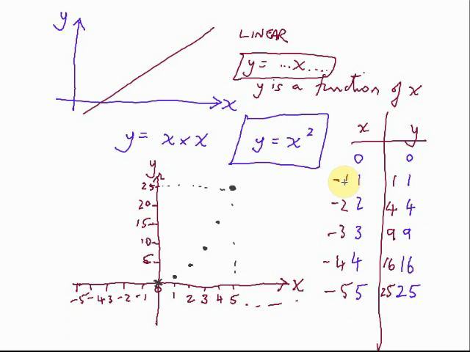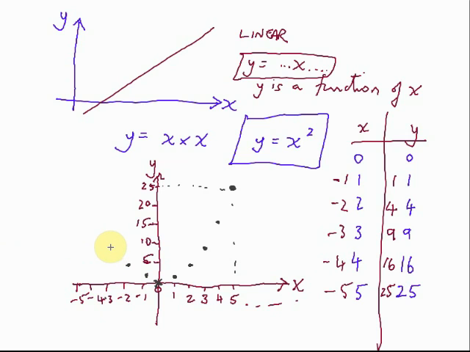So when x is minus 1, y is 1. And when x is minus 2, y is plus 4. So minus 2, plus 4. And then when x is minus 3, which it is here, that's supposed to be negative, the negative sign got cut off.